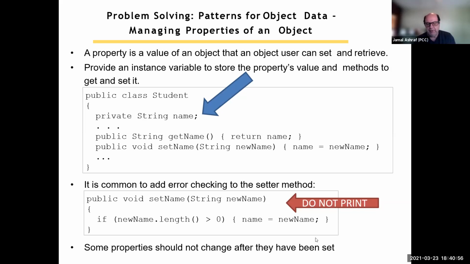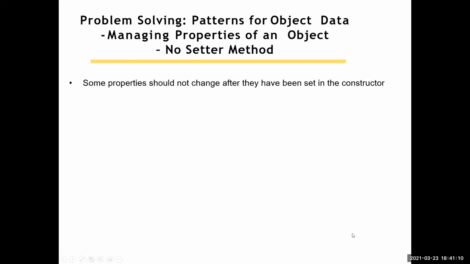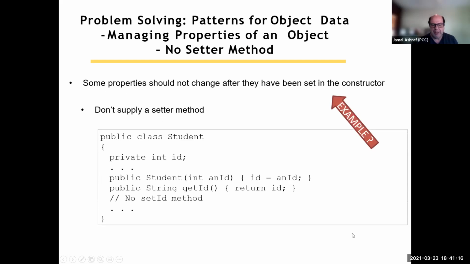Can you think of an instance where I wouldn't have a set method for some properties I would have for a student? Their ID. Good. So if I have an ID, then I shouldn't have any set ID because the ID shouldn't be changed.